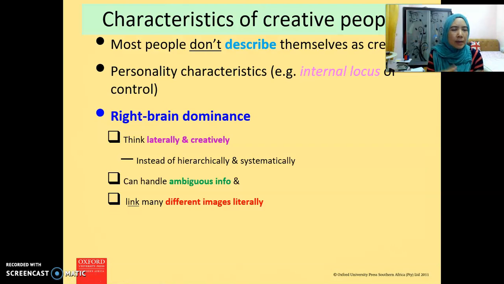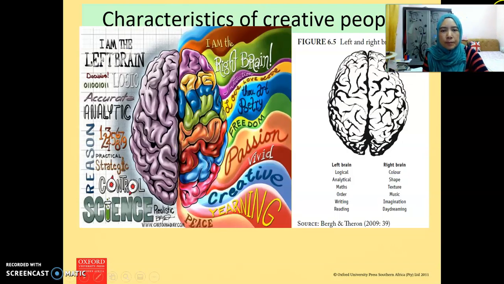If people give them some abstract information, some not really clear information, they could turn this information into meaningful conclusions, into meaningful explanations. So this is the right brain. Creative people belong to the right brain. They have passions, they are creative, they love freedom.